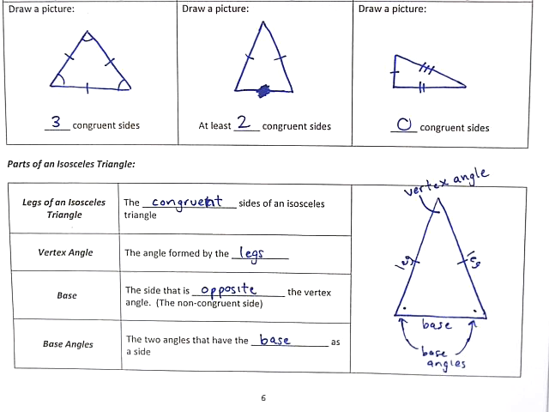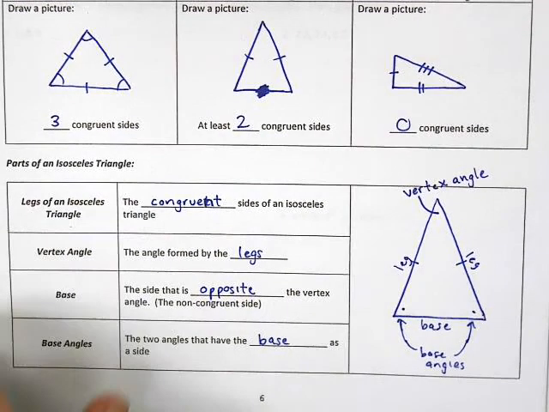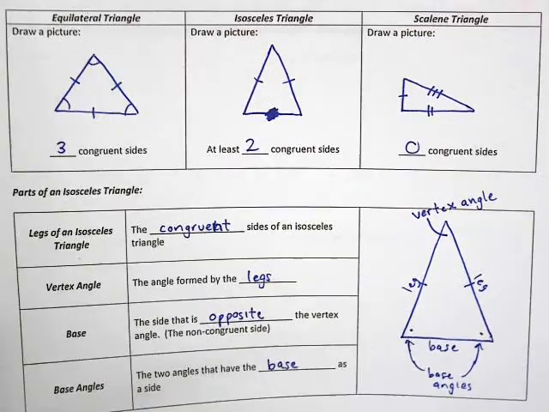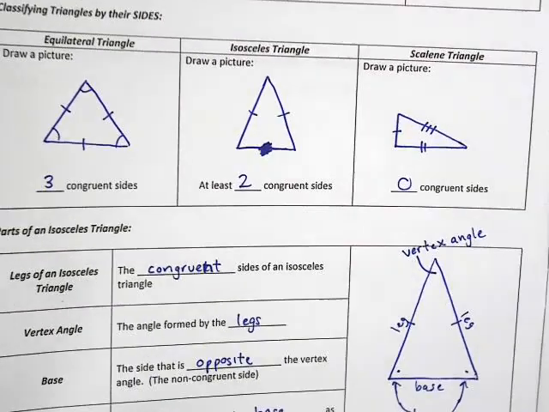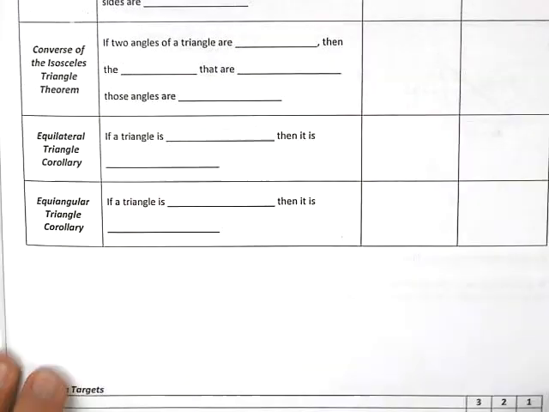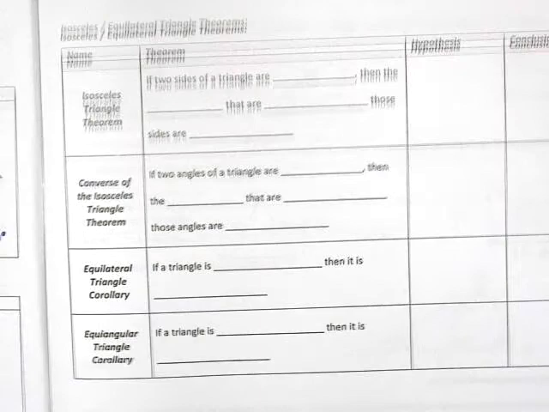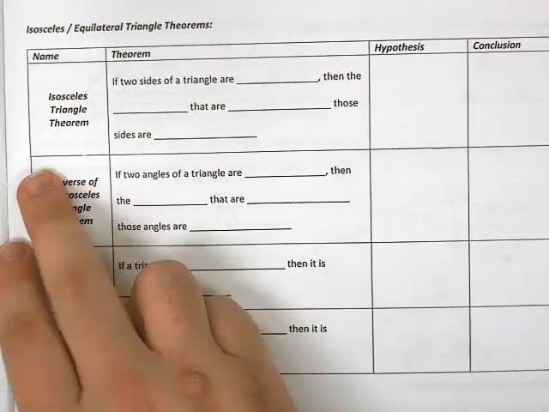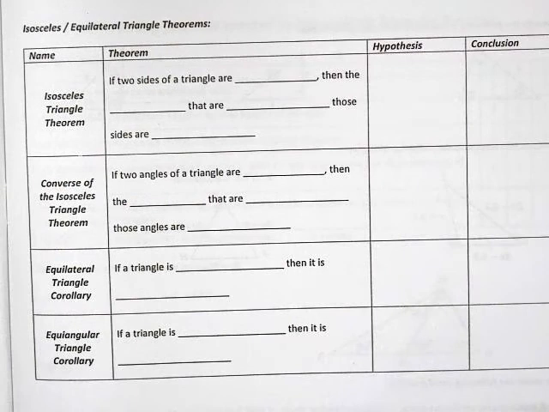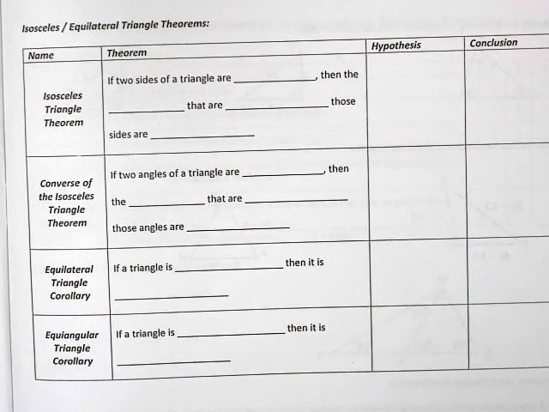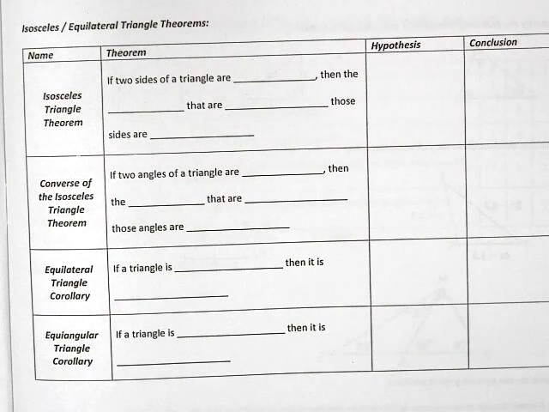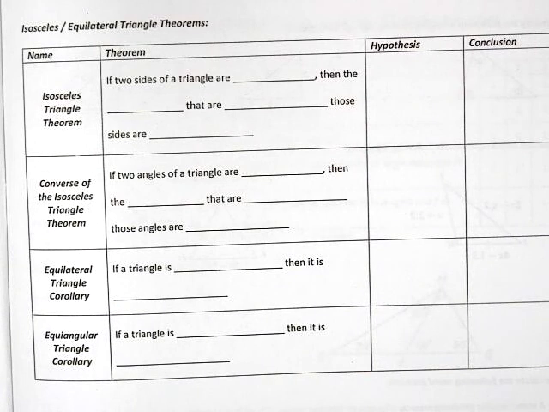Alright, so now that we have some ideas about how to label an isosceles triangle, let's talk a little bit about some theorems that we know about isosceles triangles on the next page. So if we come back up to the top here, okay, so isosceles triangle theorem.